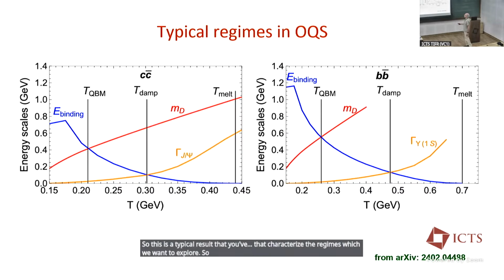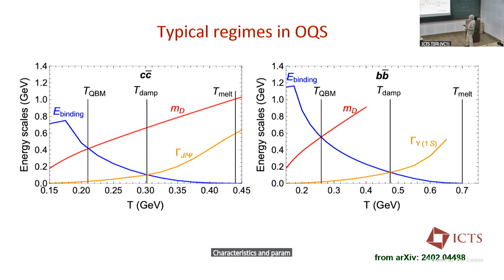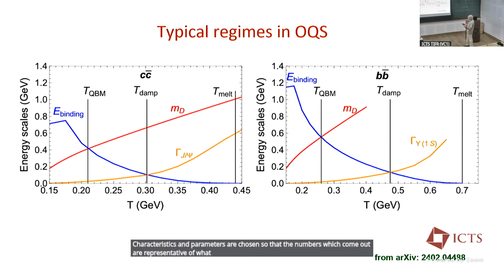This is for one QQ bar pair, either a CC bar or a BB bar, with potential characteristics and parameters chosen so that the numbers which come out are semi-quantitatively representative of either CC bar or BB bar.